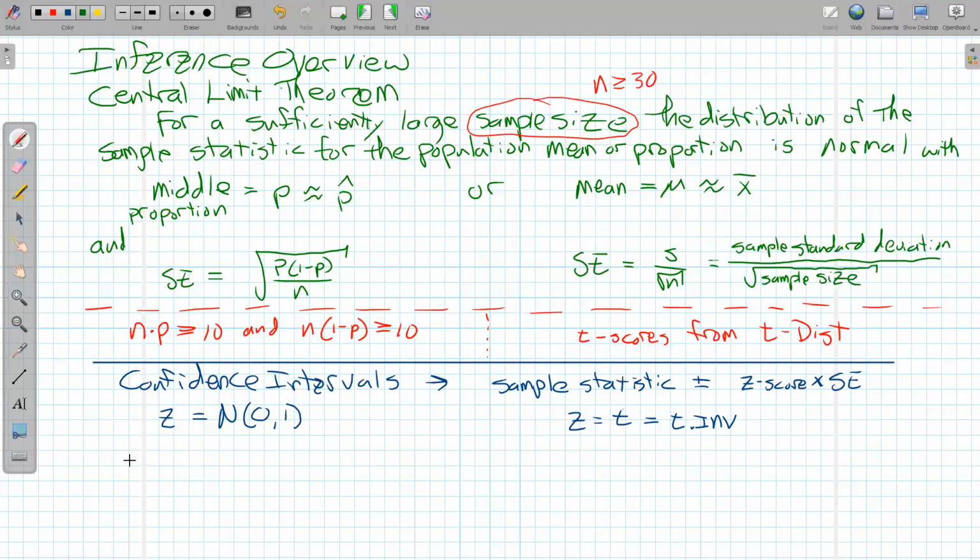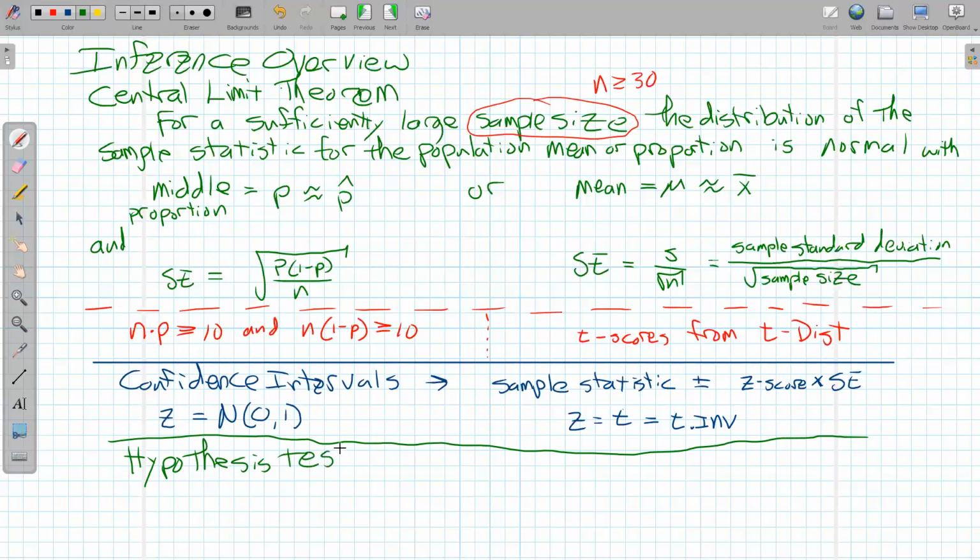And then hypothesis tests. We calculate what's called the standardized test statistic. We started doing that last week.